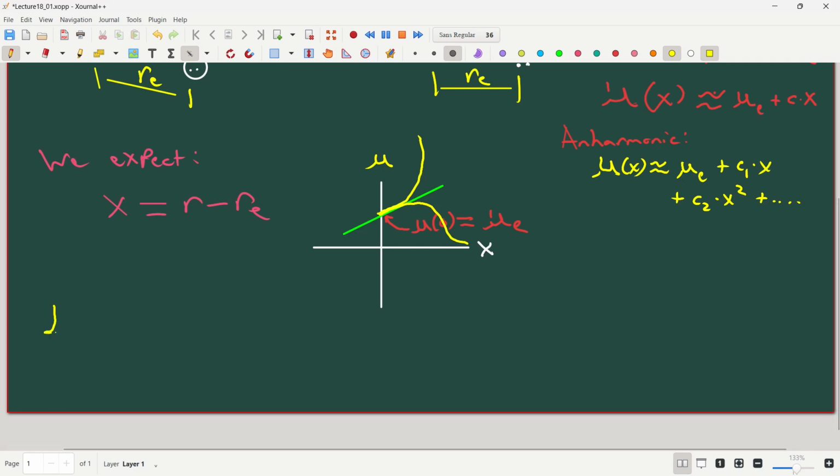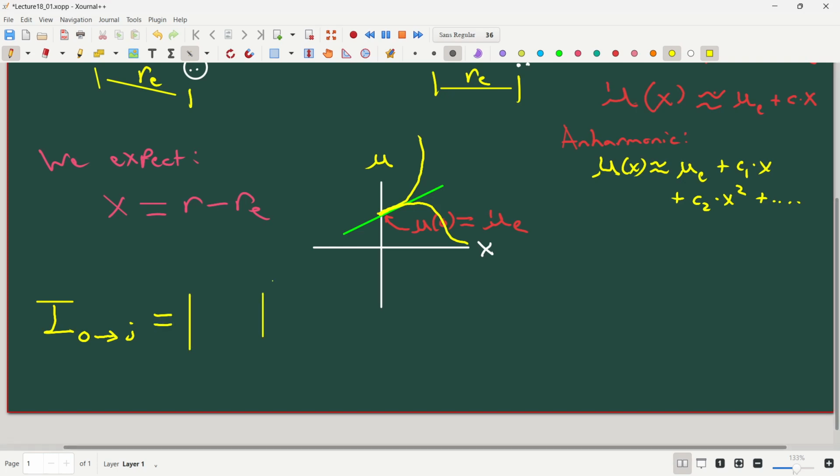The intensity of some line, let's say, for instance, from 0 to some level j, is equal to the absolute value squared of the average value of the dipole function itself. And how would we write this integral?